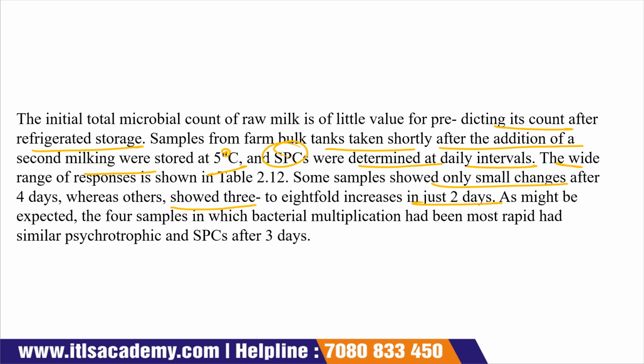Suppose that we have two samples, A and B. Now A has a different quality and B has a different quality. Maybe A shows only a little change due to storage. Suppose that A is stored for 2 days.